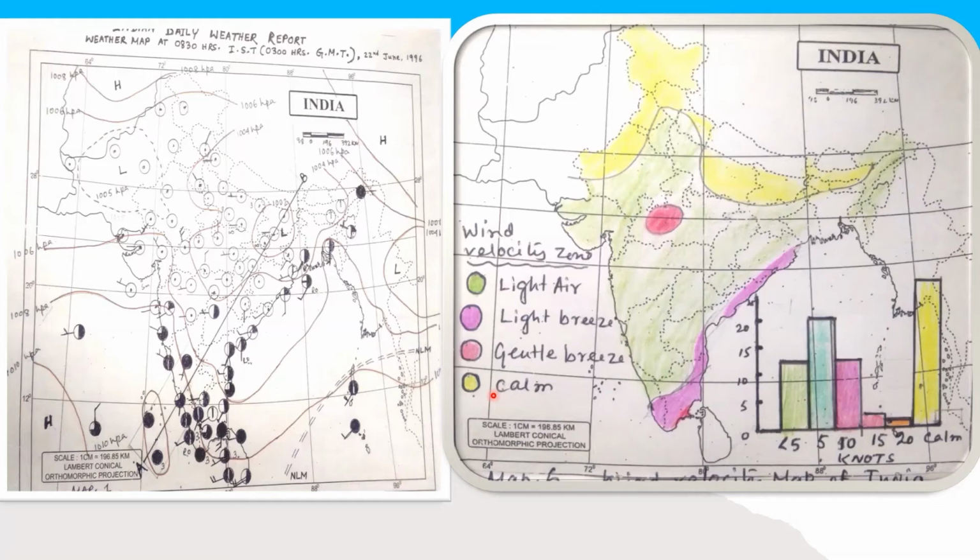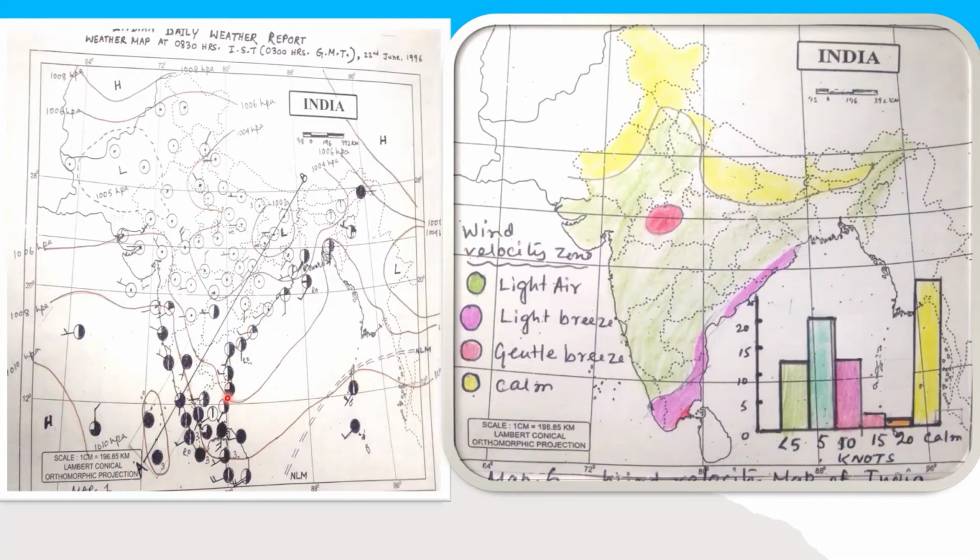In the light air zone, no particular area has been identified, rather it is dispersed all over India. So the maximum area is covered with light air zone. Light breeze has been recorded at eastern coastal areas of India, that is 10 knots, such as Odisha, Andhra Pradesh and Tamil Nadu.